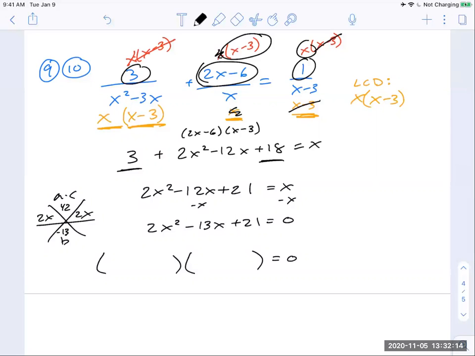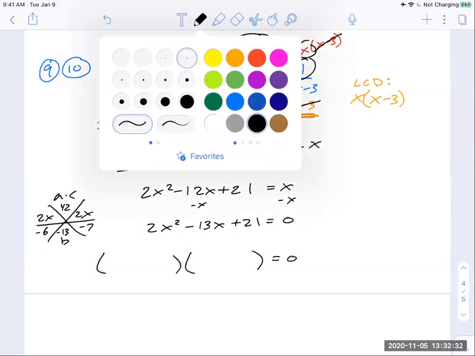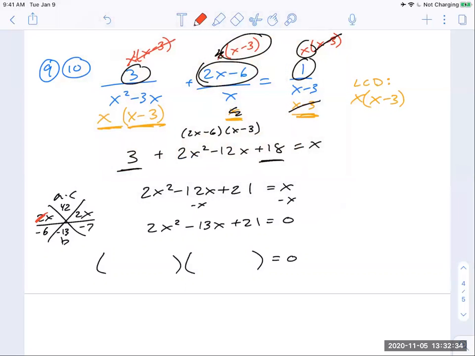Signs are important. If you put in the chat room, signs are important. Remember, they didn't have to multiply to 42. So it is negative 6, negative 7. So 2 and negative 6 become 1 and negative 3.